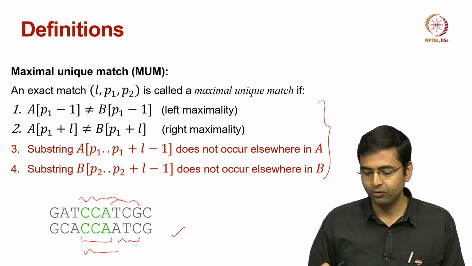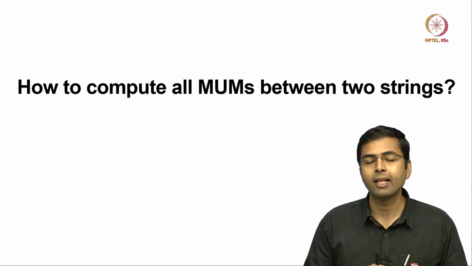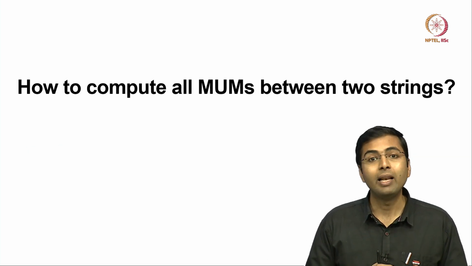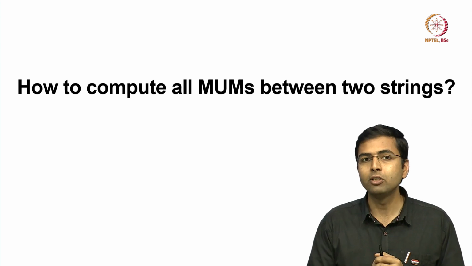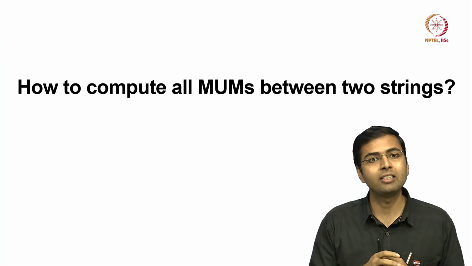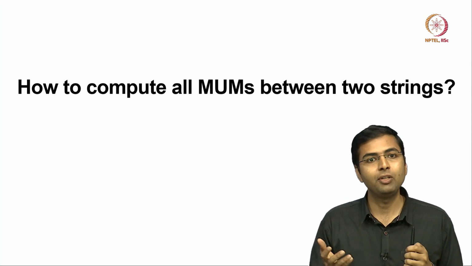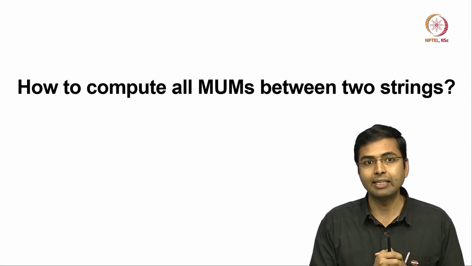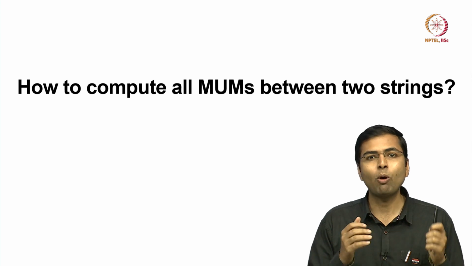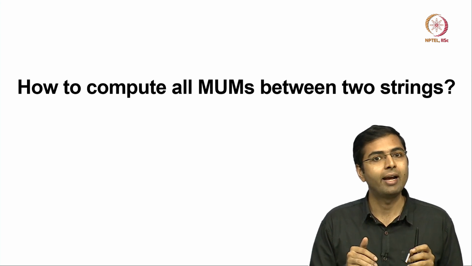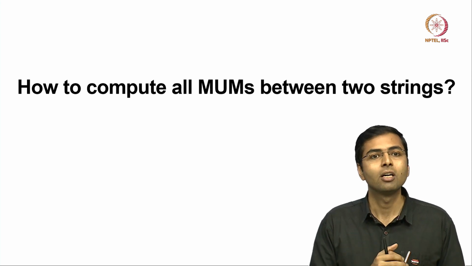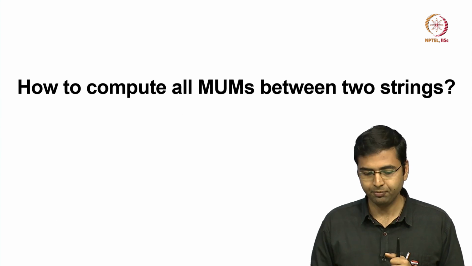What else can we do? Well, as we have seen in module 2 of this course, we can use some interesting string data structures. We already saw suffix trees, suffix arrays and ideas like that. It turns out that this problem can be very efficiently solved using suffix trees.